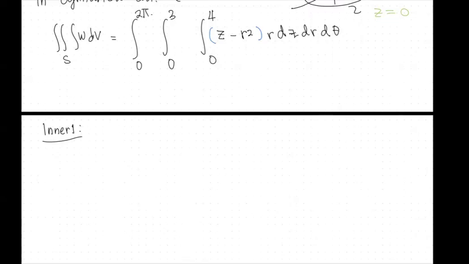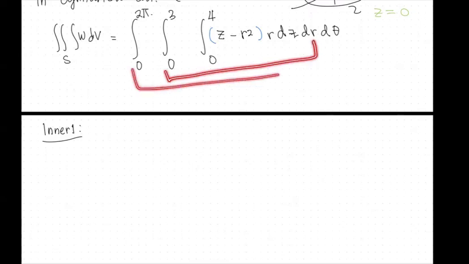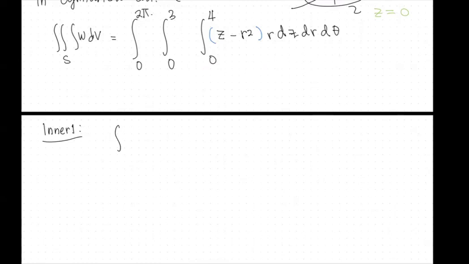I will first do this integral with respect to z, and then after that r, and then after that theta. So the inner integral first. So here 0 to 4 of (z minus r squared) r dz. So this is just the integral from 0 to 4 of zr minus r cubed dz.